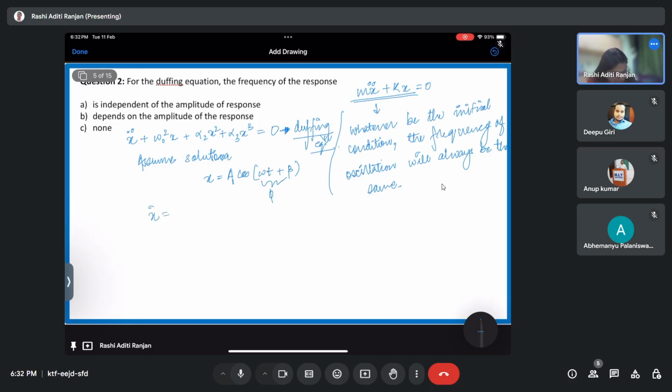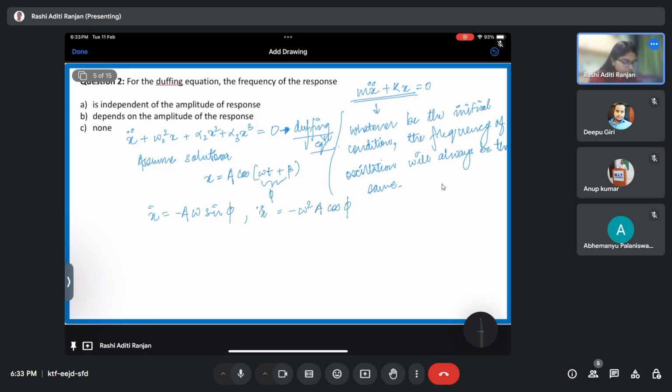X dot is what? Omega minus sine phi, and my x double dot is what? Cos phi. This is clear, I guess. Simple differentiation.